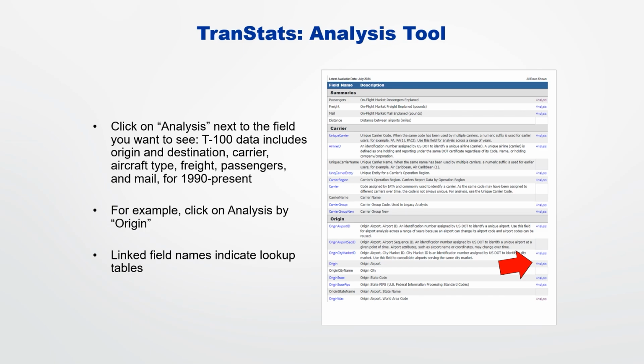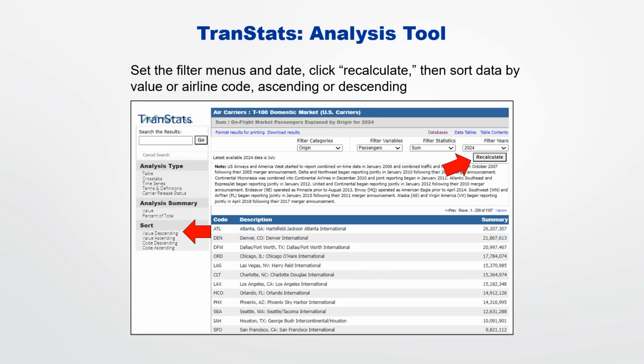So for example, click Analysis next to Origin. The linked field names indicate that there's a lookup table for that field. In this case, we have a number of passengers by origin airport for 2024. Click Recalculate if you change any of these menus. You can also sort the data by value or code. In this case, it defaulted to sorting by code, so we clicked Value Descending. This gives us origin airports by number of passengers, starting with Atlanta.